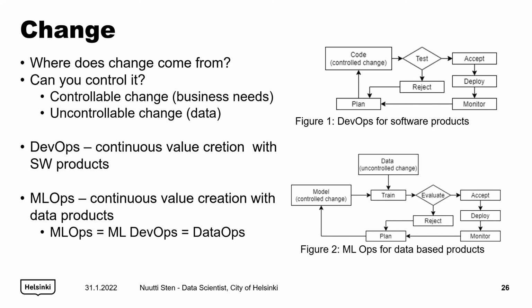You can set up a system and it runs as long as you don't change it. Every change you make is controlled and you decide when you do it. But when you incorporate data and start building on top of data, it changes quite rapidly. Because now, if the data changes, your model might not perform as well as it did before.